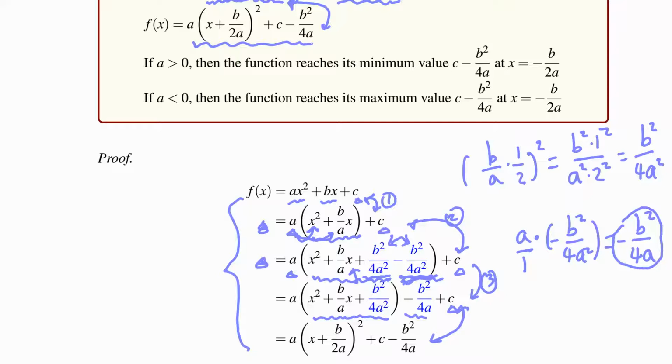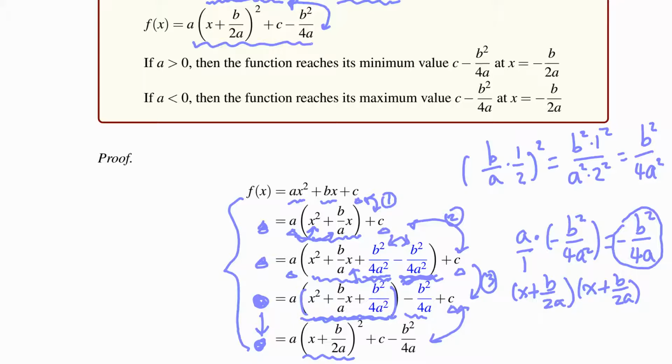From row 4, this one, to this one, row 5. Basically, it tells us that the 3 terms inside the bracket give us a complete square. Why so? Look, the complete square x plus b over 2a squared is actually x plus b over 2a times itself.